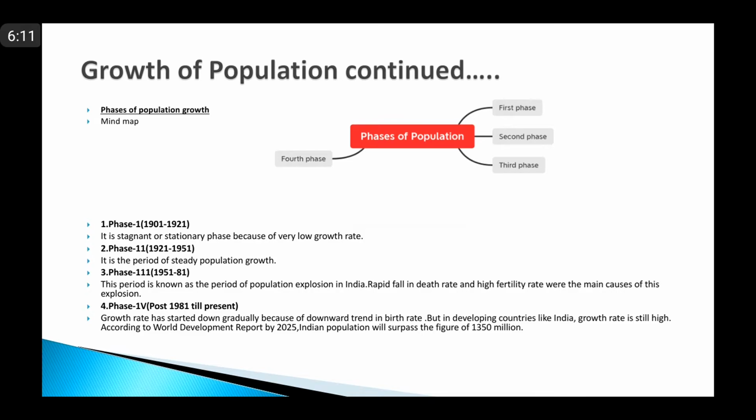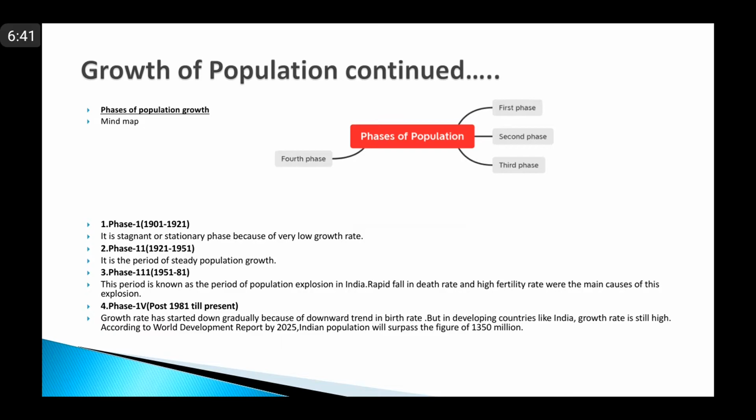So what had happened here is that the average annual growth rate of population during this period was 2.2%, and the increase in population of this period is termed as fertility induced growth. The rapid growth was caused by a rapid fall in death rate, while birth rate remained high.